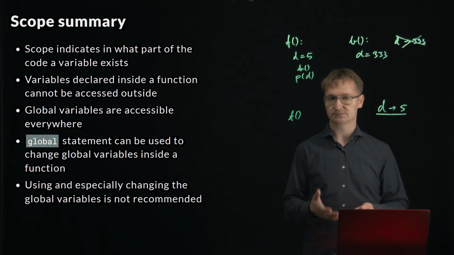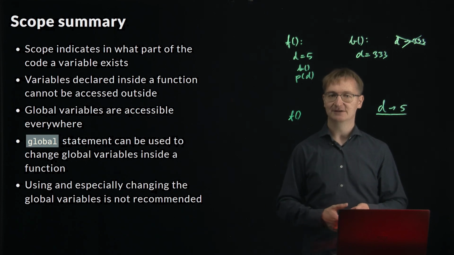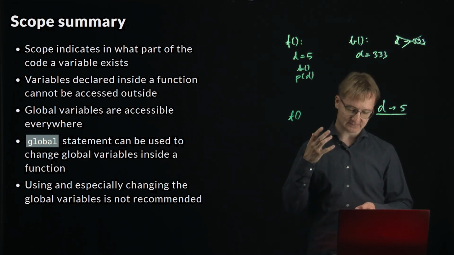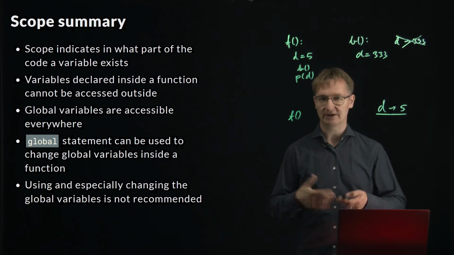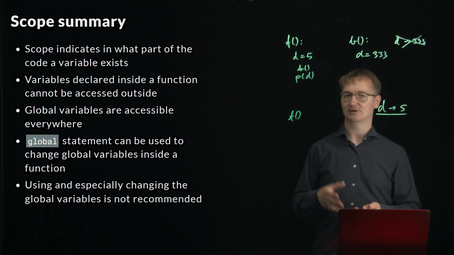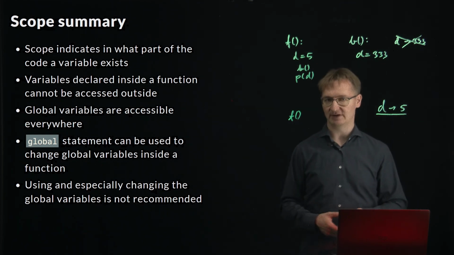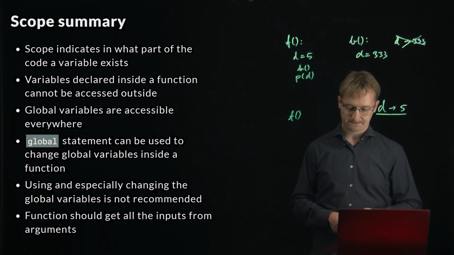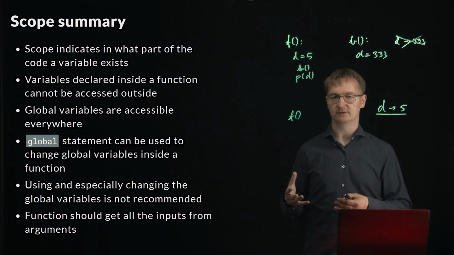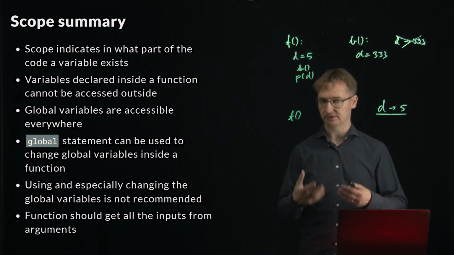And I will just point out again that inside this course, we don't allow it. If there is a special case where you have to do it, we will say so specially, but otherwise don't use a global statement, don't use global variables. All those values you want to get into a function, you should pass on as arguments.